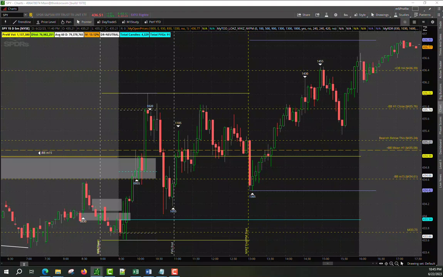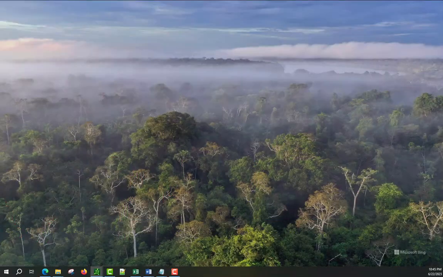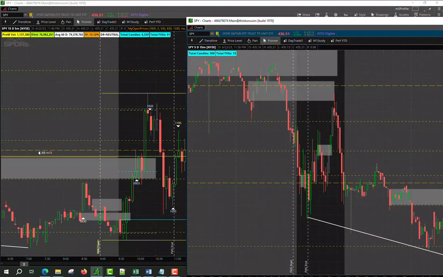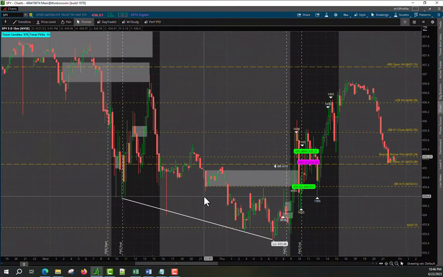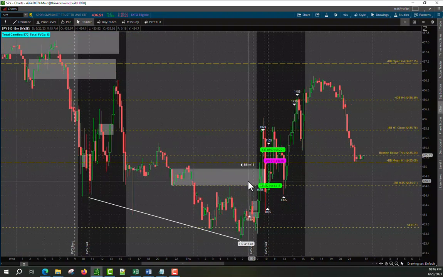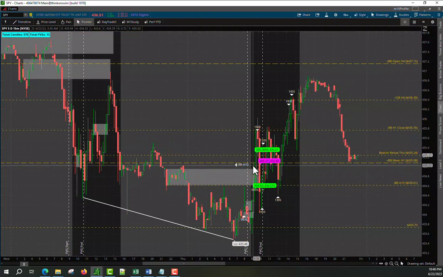And also we looked at the 15-minute time frame. Let's look at the 15-minute time frame. Yeah, right here. When we did the pre-market analysis, we saw right here, we said that it's a bearish breaker. So when it touches the bearish breaker, we're going to short them, and that's exactly what we did.